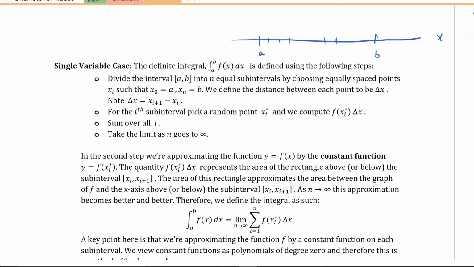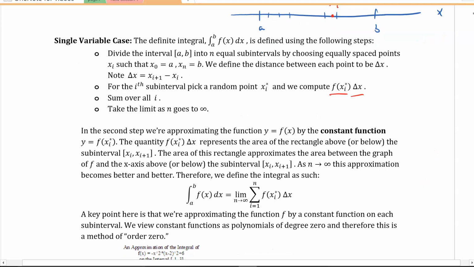For each of the individual subintervals, we pick a point, call that special point x sub i star, if that's the ith interval, plug that input into the function, and multiply it by the subinterval width, which is delta x. Adding those all up, taking the limit as n increases, gives us our definition for the definite integral that is familiar from Calculus 1. We're seeing that down below here. That's how we define a definite integral.